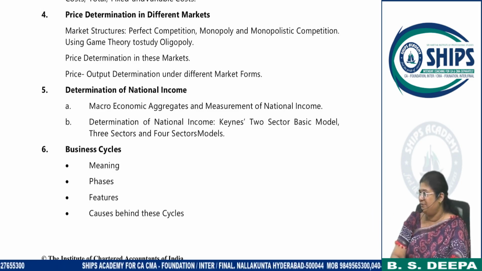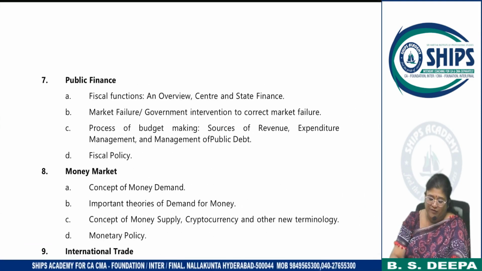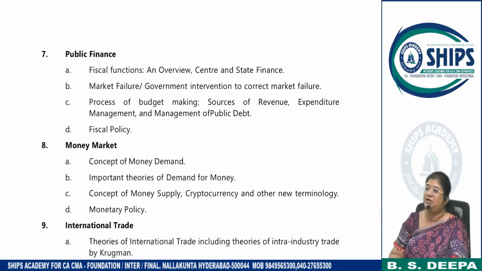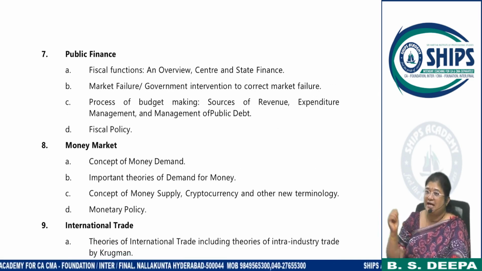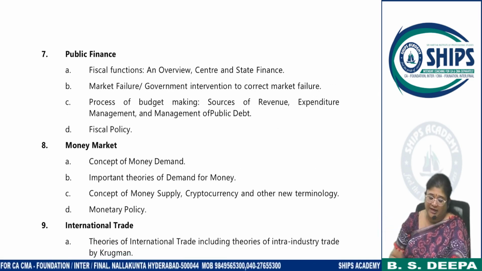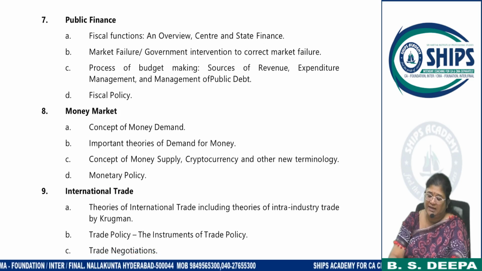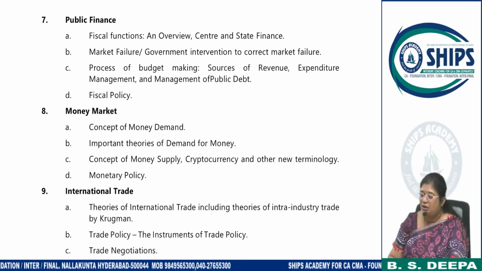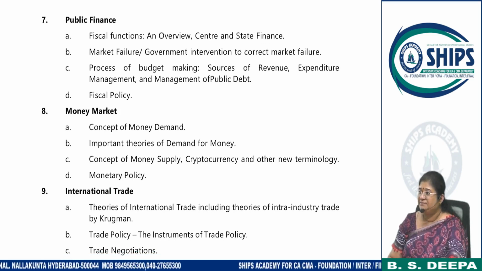One is national income. Business cycles was already there, but then you will find this particular chapter, which is again an addition, public finance, where we will be learning about budget making, how the expenditure and revenue of the government is determined.